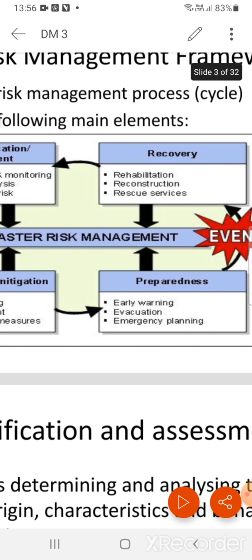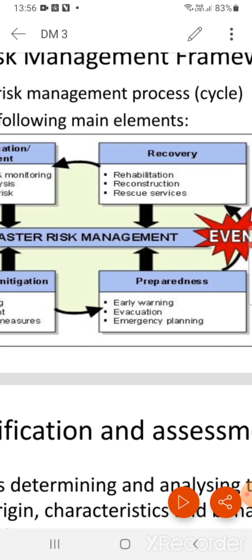Now, the first phase when we are attacked by an event is actually the response phase, which is finalized by the recovery phase, where people are rehabilitated, the broken constructions are reconstructed, rescue services are activated, and we recover from the immediate effects of the event.